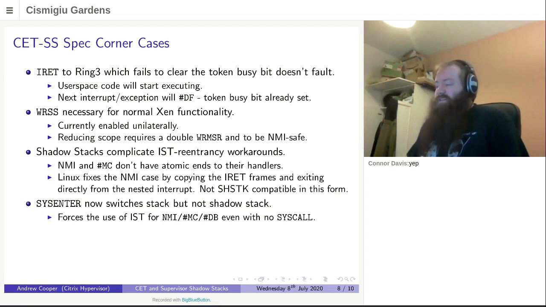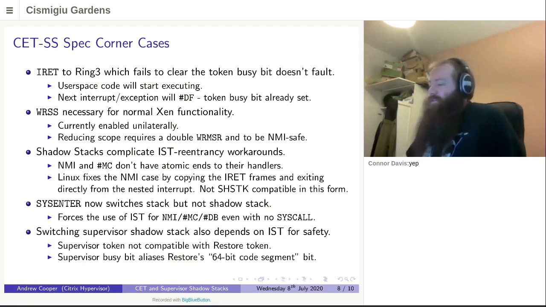However, in the CET architecture, it does not switch the shadow stack for you, which was a bit of a surprise, a bit unexpected to see. It basically means that sysenter now has all the same bugs that syscall has when it comes to handling of the asynchronous exceptions, which means that if you're using CET, you are forced to use interrupt stack tables for safety, even in a case where you have arranged not to use syscall in the first place. So that's slightly disappointing to see.